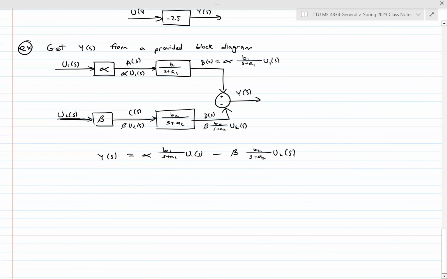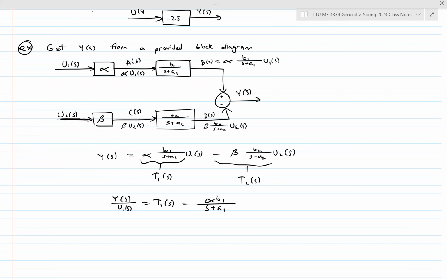What we can also see from here is that we've actually identified the transfer functions, right? This could be called T1 of S, and this could be called T2 of S. And so we could get Y of S over U1 of S. That's T1 of S. That's alpha B1 over S plus A1, right?